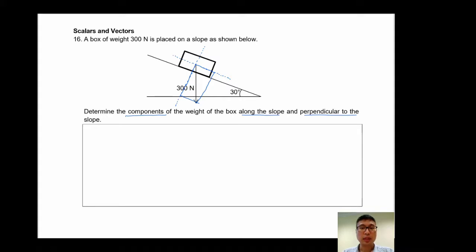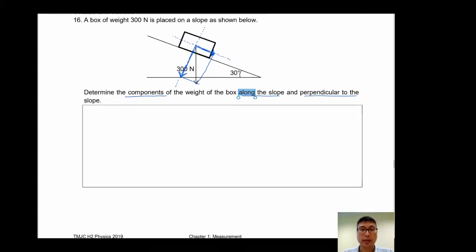Which components are we interested in? We're interested in the force along the slope, so this vector, and the force perpendicular to the slope, so this vector over here. So these two are the components. Now, I'm going to transfer the diagram over to the answer so that you can see clearly.